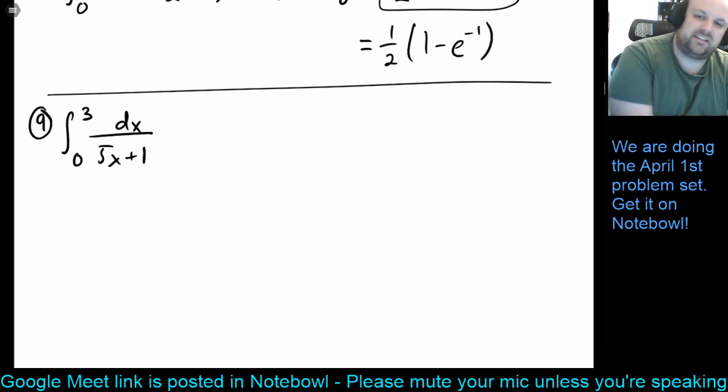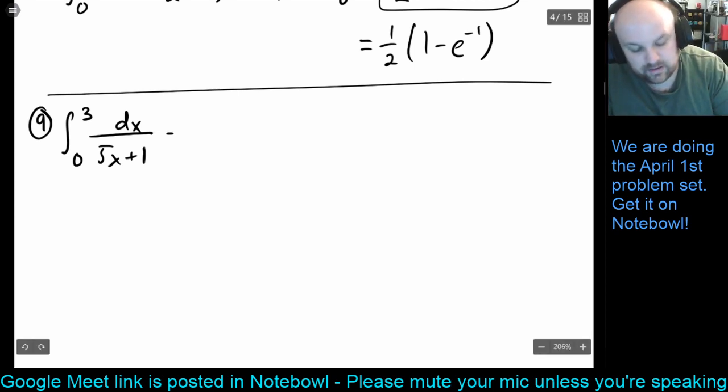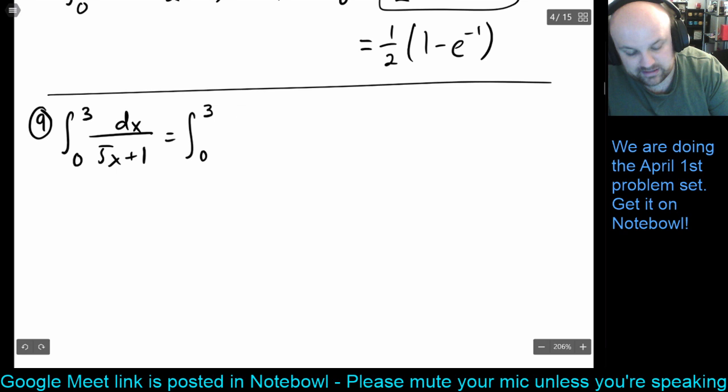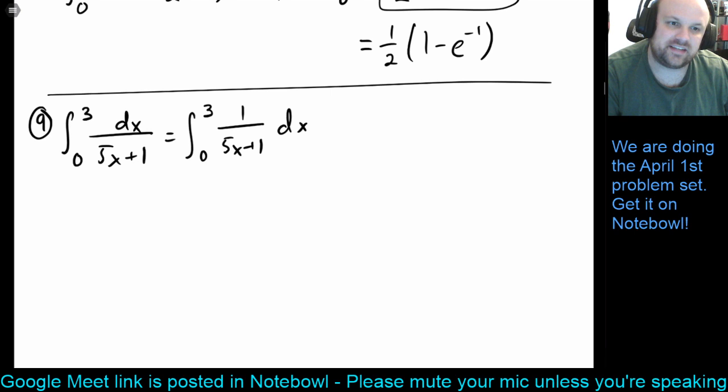Normally, I don't like writing dx on top, but I did it because I wanted to make the point that this is really this integral right here. If you see dx on top, that's just 1 times dx.